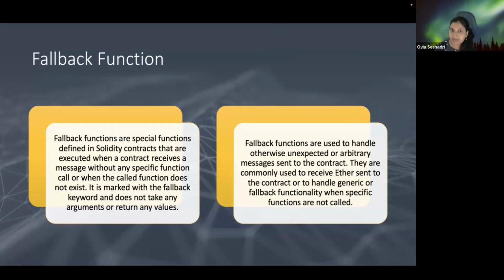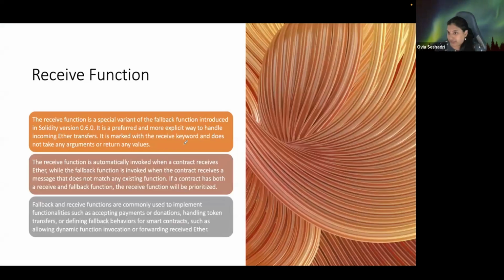There is a special type of fallback function called the receive function. Now, the receive function is also a fallback function, but it applies if the function invocation has a value field. That is, the structure of a transaction has something called value, right? That means when you're sending native tokens, or when you're sending ETH. So if that value field is not empty, and it has come to a contract which cannot recognize the function selector, then the receive function is invoked.